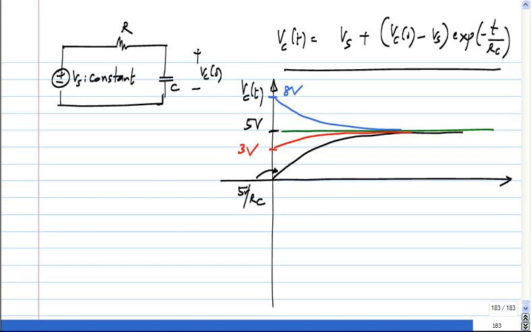Now if you start from 0 volts, if you take this case which I have shown here, what is the value reached at t equal to RC? What's the value of the capacitor voltage?